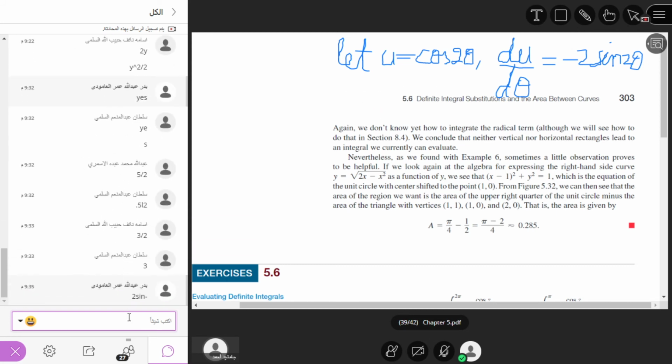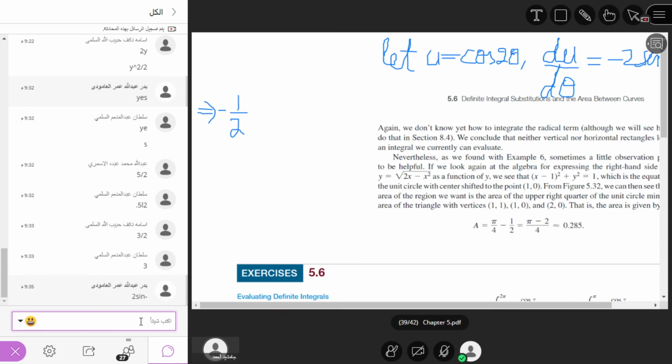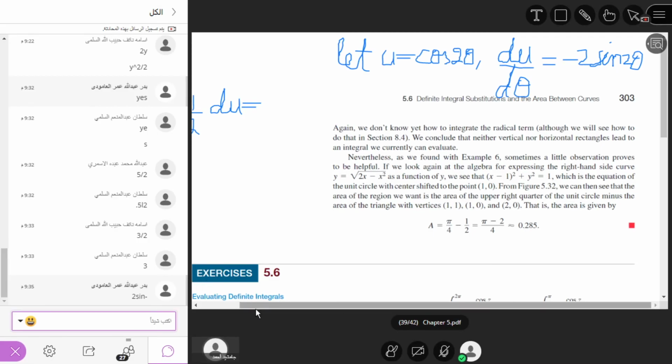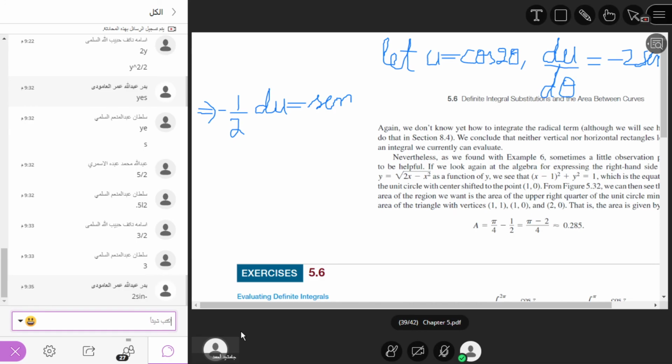So if we have to find sine 2 theta d theta, from here we get minus 1 over 2 du equal to sine 2 theta d theta.